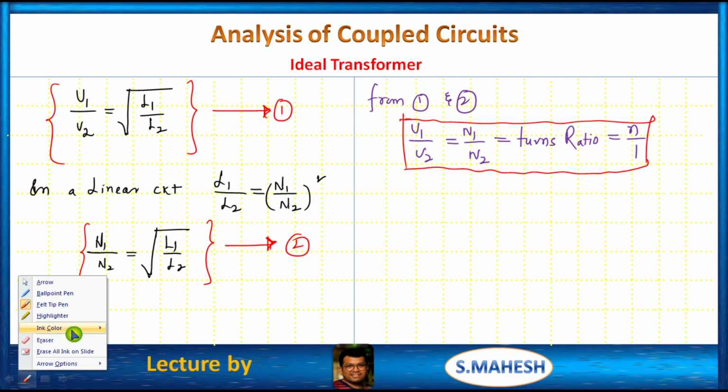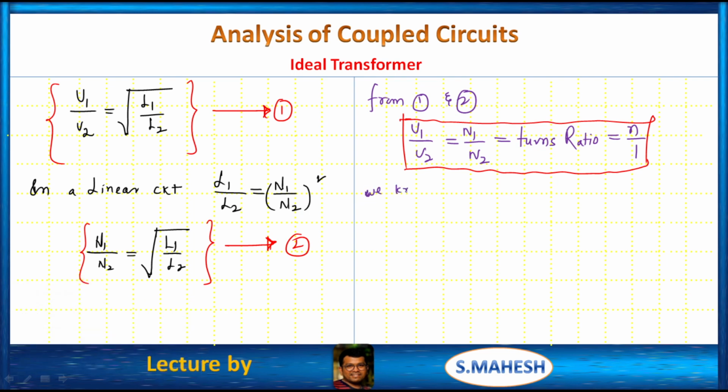We know that primary power should be equals to secondary power, right? Secondary coil power, which is equals to what? V1 I1 which is equals to V2 I2, or we can say V1 I1 which is equals to V2 minus I2. Why minus I2?